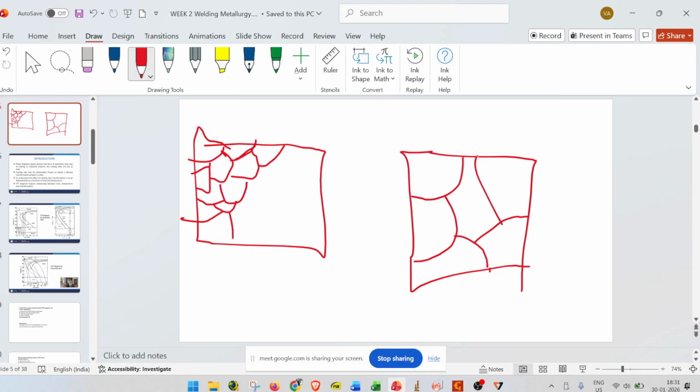So what could be the reason? Both are starting from a similar liquid state and transforming to the solid state. One I am seeing has very fine grains, one I am seeing has very coarse grains. What could be the reason?